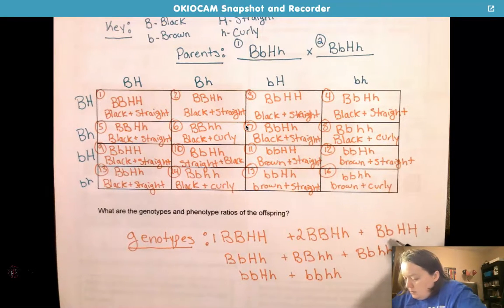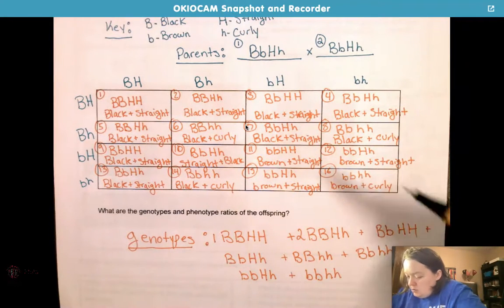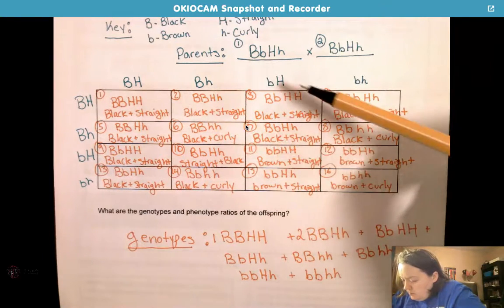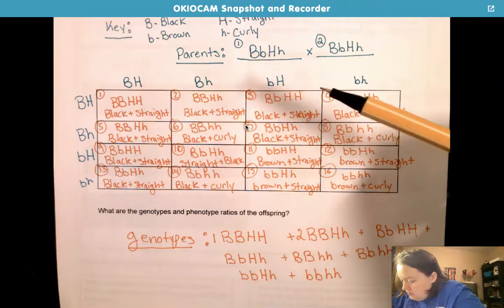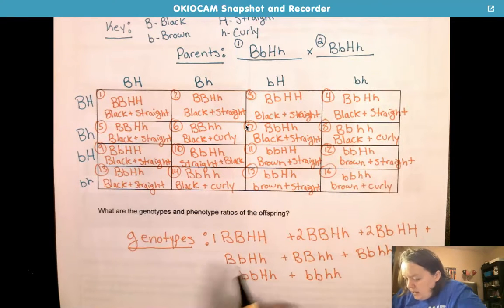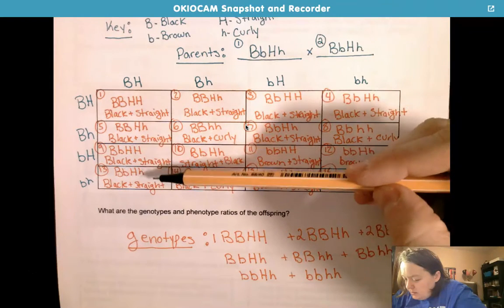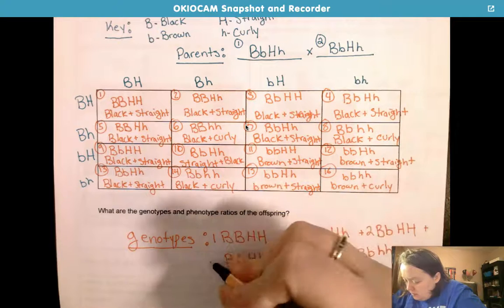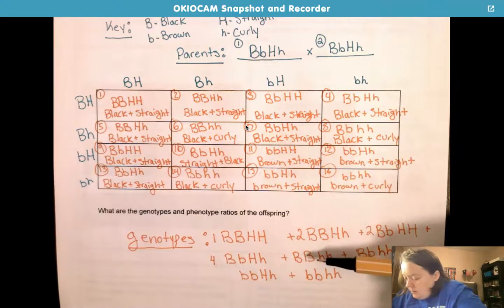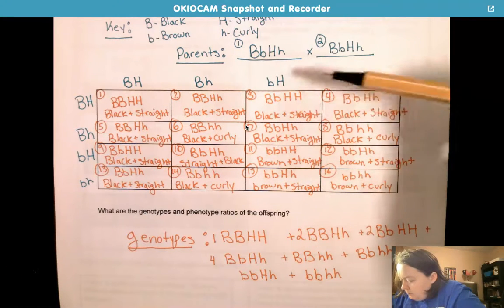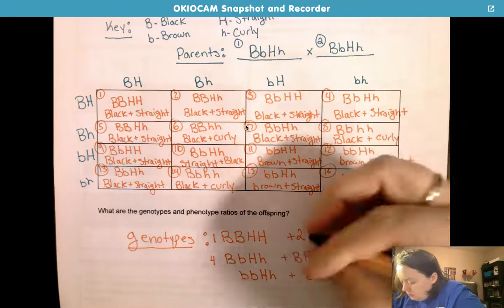All right, big B, small b, big H, big H. 1, 2. 2. How many of these do we have? Fully heterozygous. 1, 2, 3, 4. How many of these do we have? Big, big, small, small. 1. I'm only seeing 1.